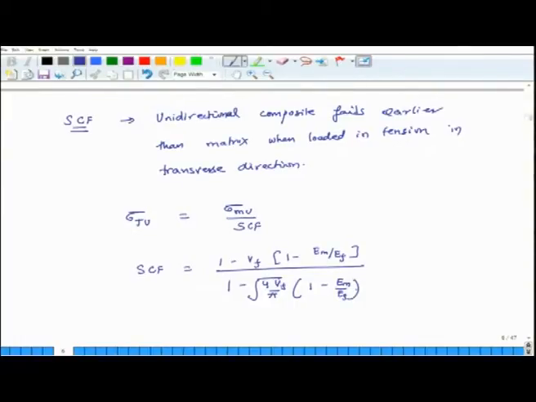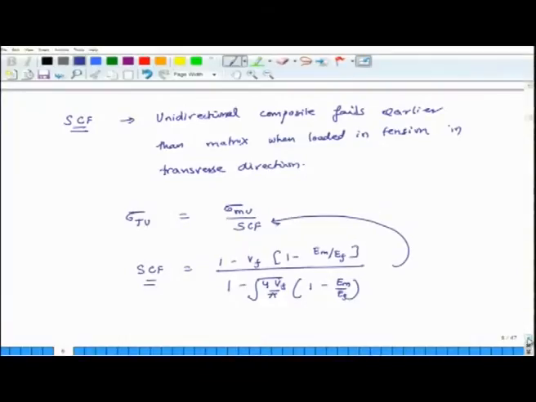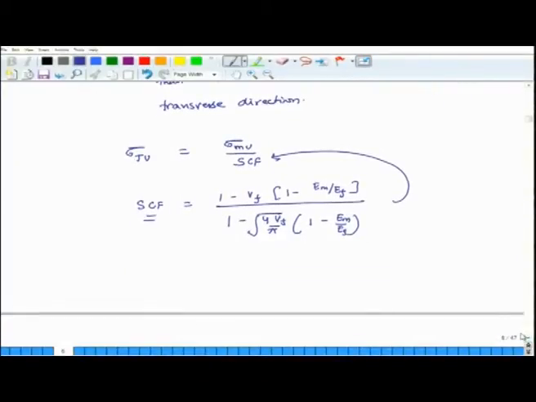So, if you know the volume fraction of the material and you know Em and Ef, you can find out a stress concentration factor. This particular relation you plug in this relation for transverse strength and you will be able to find the transverse strength in tensile direction for a unidirectional laminate. So, this is one way to compute the strength in tensile direction.